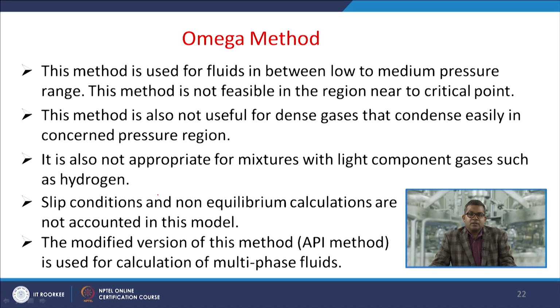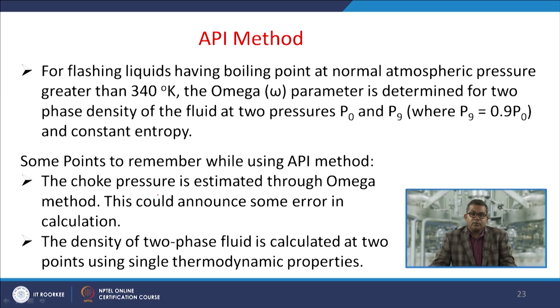Now, the modified version of this particular method, that is the omega method, the API method, is used for the calculation of multi-phase fluid. Now, let us have a discussion about the API. API stands for American Petroleum Institute. So, API method.